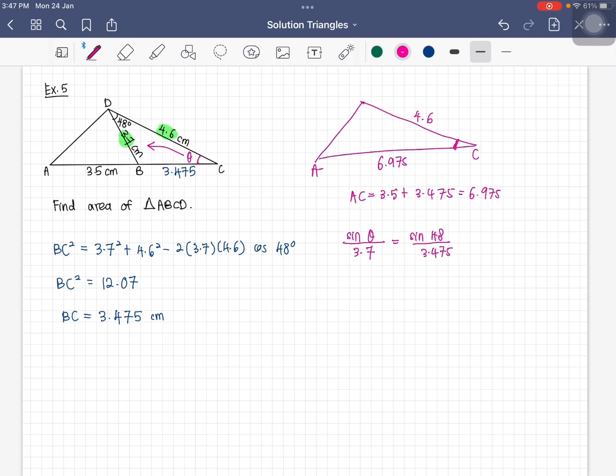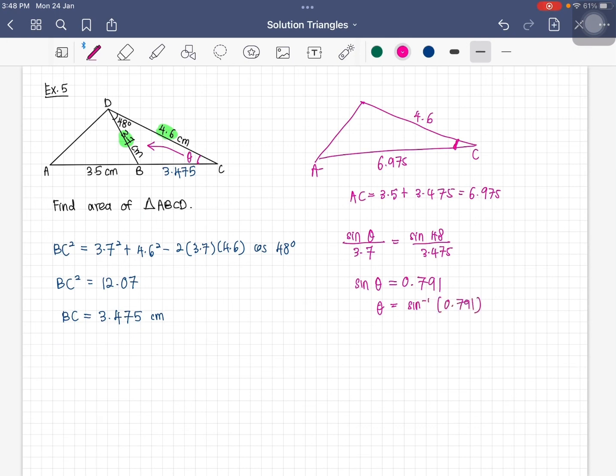Therefore, sine of 48 divided by 3.475 multiplied by 3.7, I've got sine of theta as 0.791.